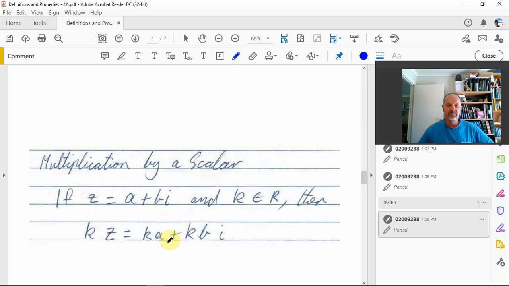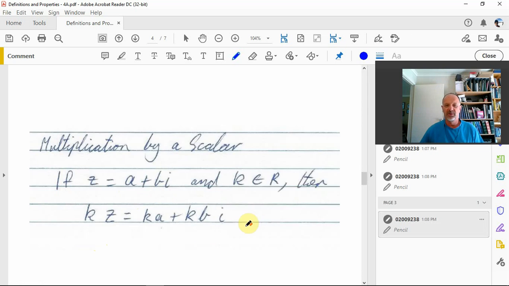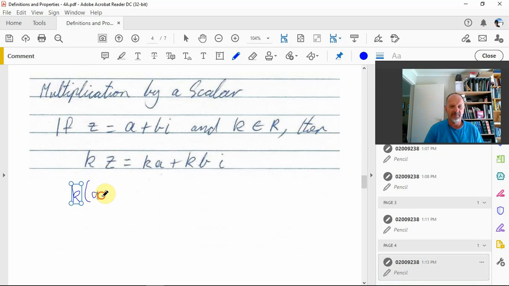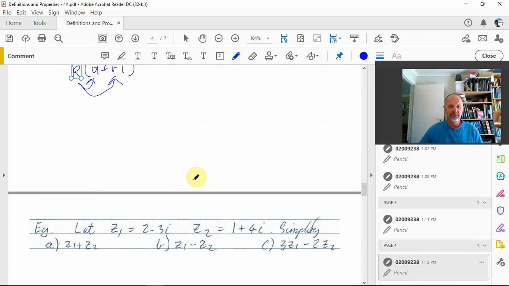So if here's Z, and here's k, some number, and I want to know what k times Z is, then I simply multiply both components by k. There's a step in the middle there that I haven't put in. So k times a plus bi, and then we multiply k in like we normally would when we do a binomial expansion.